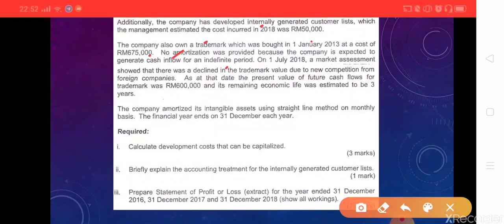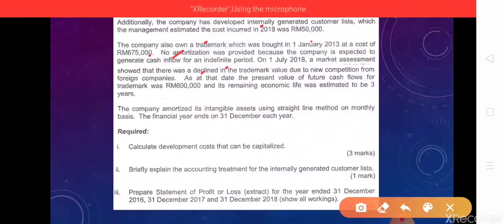Right, next, on 1st July 2018, a market assessment showed that there was a decline in the trademark value due to new competition from foreign companies. So what is this? This statement shows you that there is an indication of impairment.